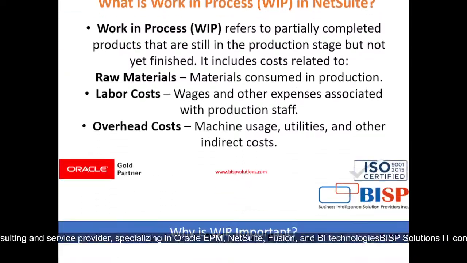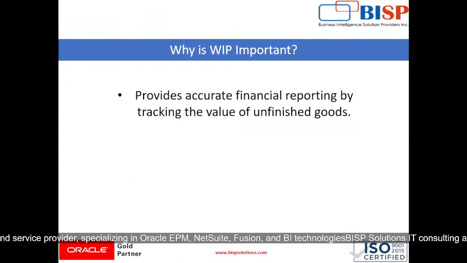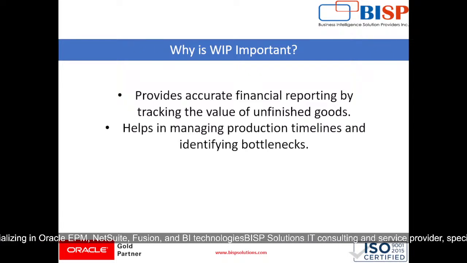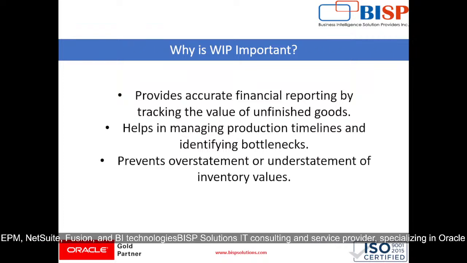So why is WIP important? It provides accurate financial reporting by tracking the value of unfinished goods, helps in managing production timelines and identifying bottlenecks, and it prevents overstatement or understatement of inventory valuations.